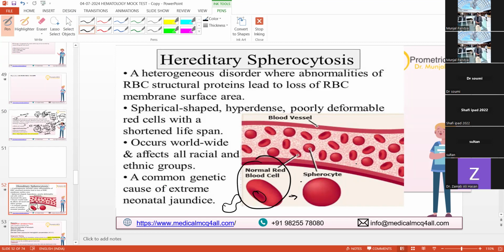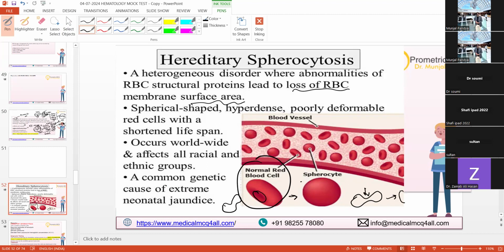That is why the name hereditary spherocytosis. It is a heterogeneous disorder where abnormalities of RBC structural protein lead to loss of the RBC membrane surface area. It is supposed to be biconcave, but because of defects in the RBC there is loss of the cell surface membrane.